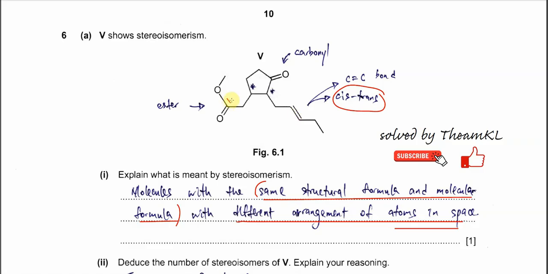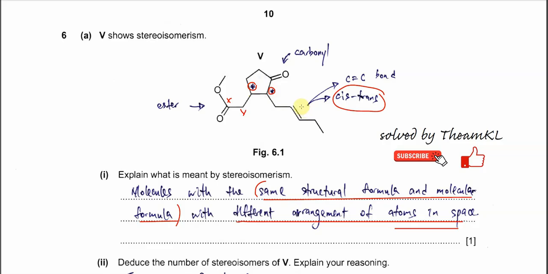This carbon is not a chiral carbon, this one not a chiral carbon. All these carbons are not chiral. Only this carbon and this carbon are chiral carbons. So now we have 2 chiral centers and 1 C=C double bond.